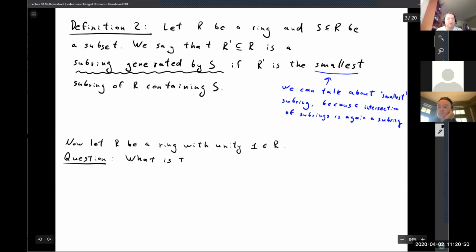What is the subring generated by a singleton set which only contains unity? And it turns out that we can actually describe this subring explicitly, and that's what we will do in the following lemma.